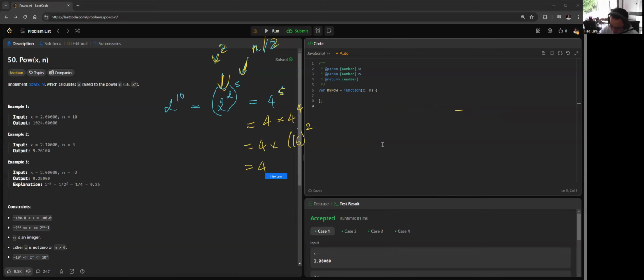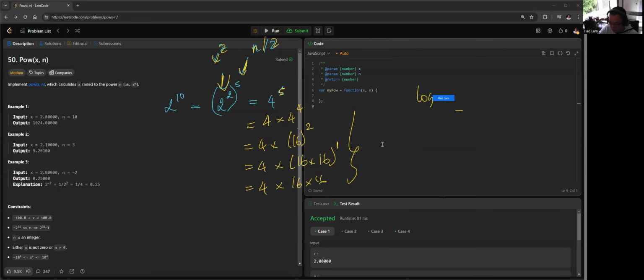We keep going: 16 multiplied by 16 to the 1. Now it is odd, so we just move it out. As you can see here, it only takes us 4 steps.